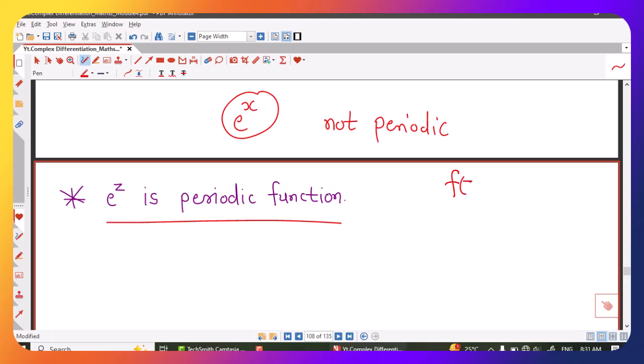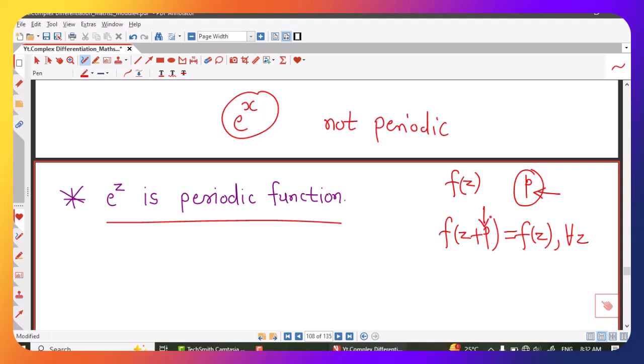Suppose we have some function f of z. It is called a periodic function if there exists some constant p such that f of z plus p equals f of z for all z, and this constant p, if it exists, is called the period of the function.